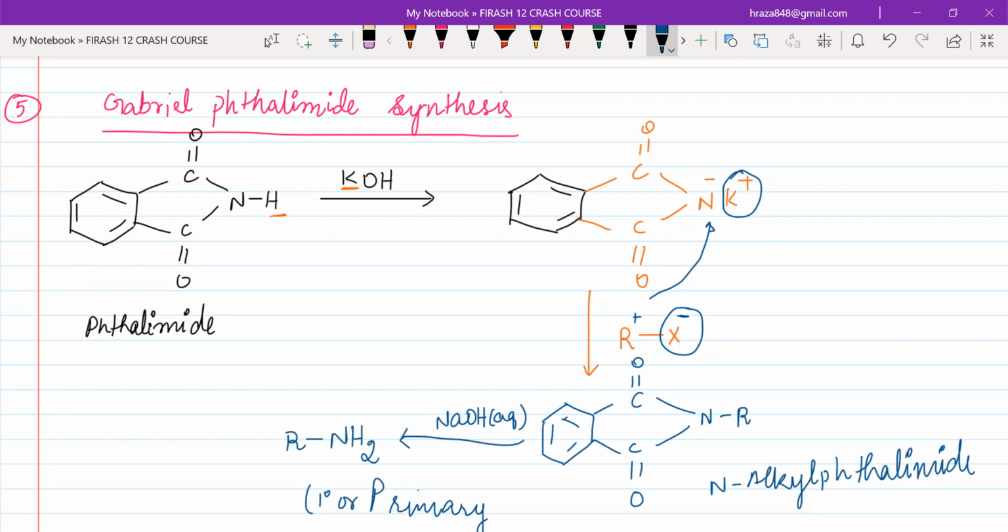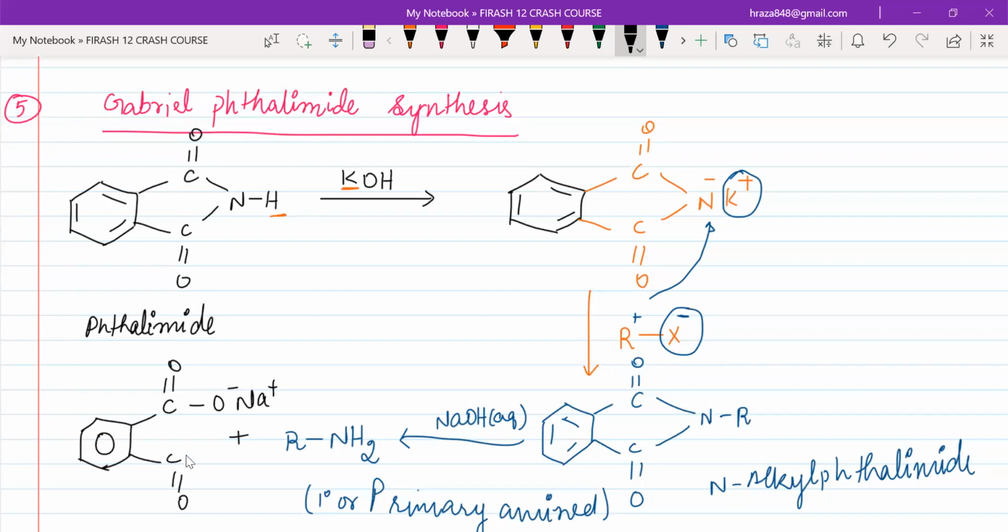As a byproduct, you will see a compound that I'm going to write: C double bond O, and again C double bond O, and there is O negative and a positive, which is a salt. By this method, we are able to prepare only primary amine. I think it's very easy.